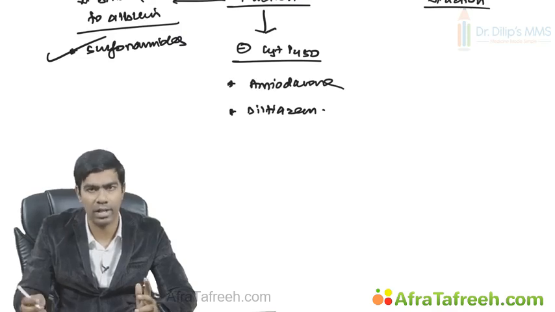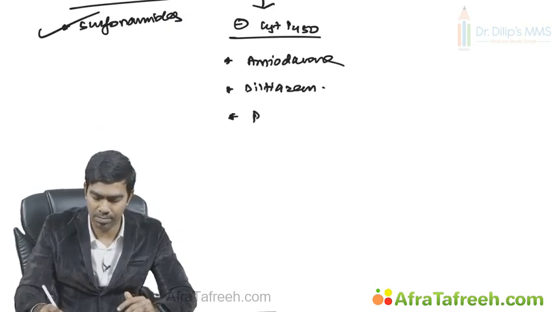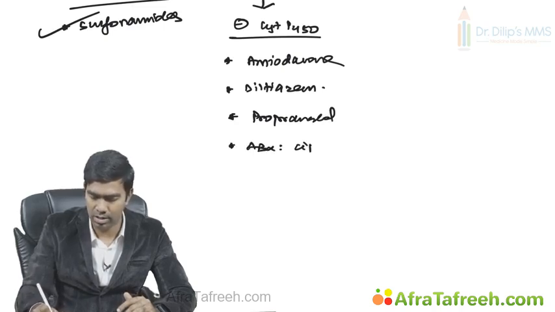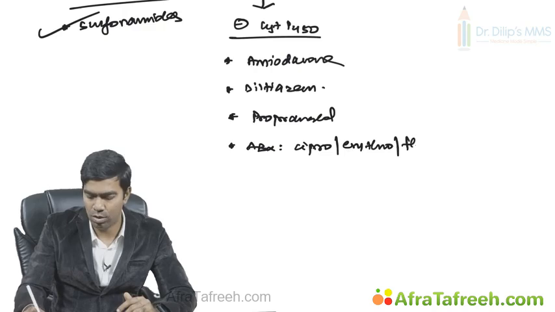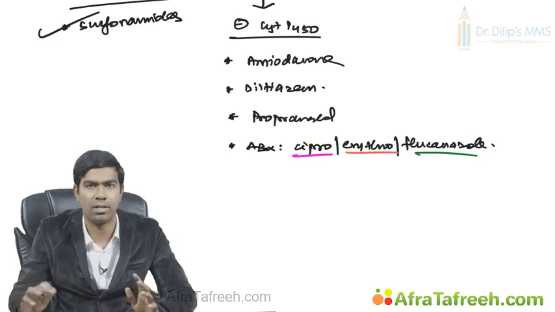Many patients will be taking diltiazem also. You have to be very careful about this. Amiodarone, diltiazem, propranolol, and a lot of antibiotics like ciprofloxacin, erythromycin, fluconazole, or you can remember simply the classes: quinolones, macrolides, and azole antifungals. So these are very important drugs.